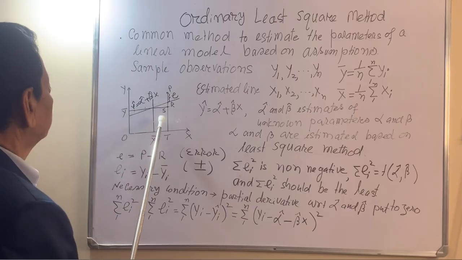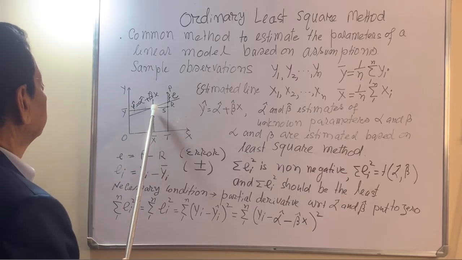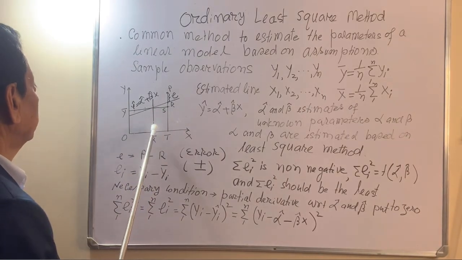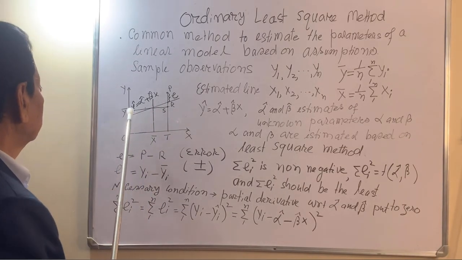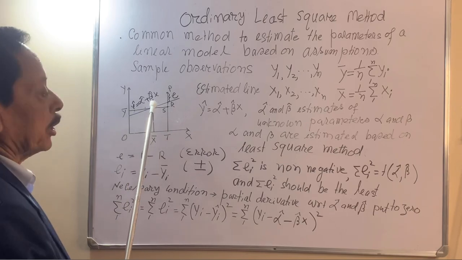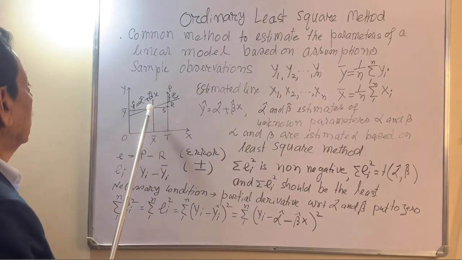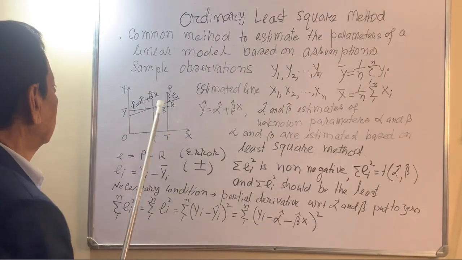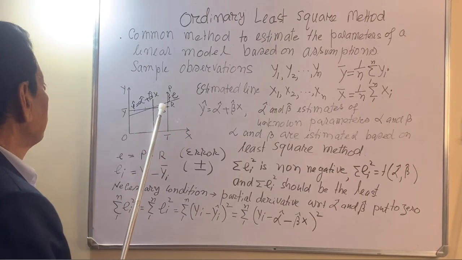If we join them, this point will be the point of intersection of both the averages. The line which passes through this point of intersection, we call the average line or estimated line.